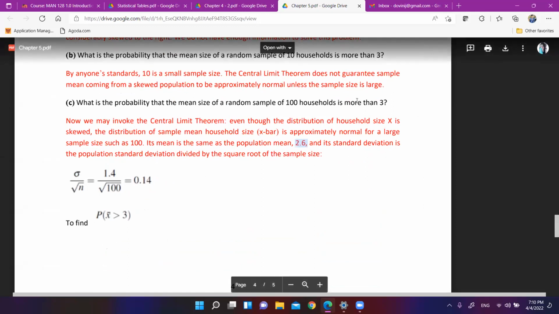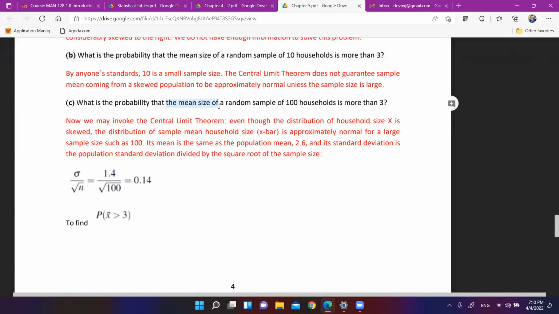So our question asks, what is the probability that the mean size of random sample of 100 households is more than 3?